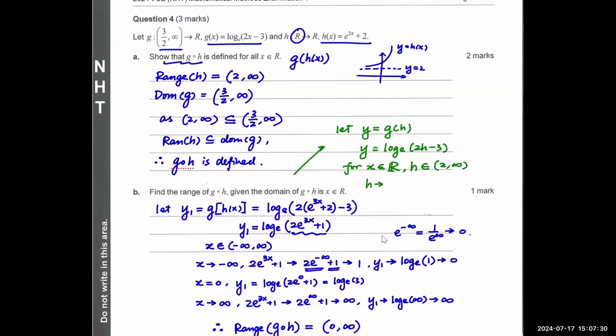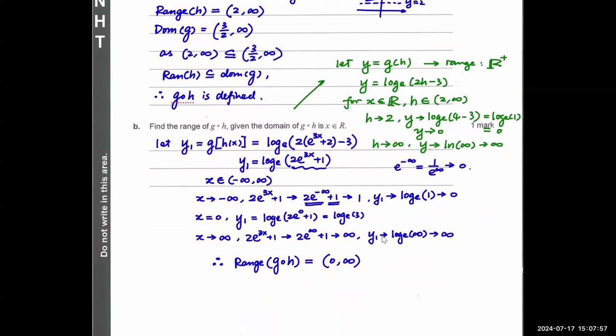So when h approaches 2, your y approaches log e of 4 minus 3, which is log e of 1, and that is 0, okay? So y approaches 0, and as h approaches infinity, y is also approaching natural log infinity, which is infinity. That's how you get the range, R plus, okay? Same answer, different approaches.